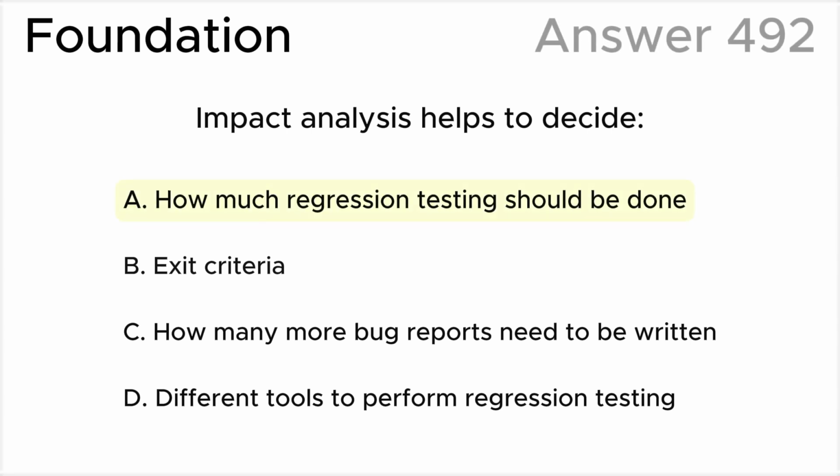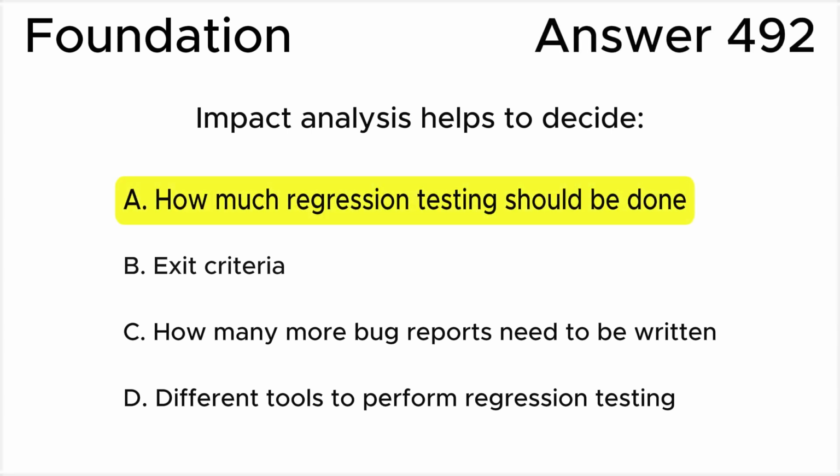The correct answer is A, according to the ISTQB glossary. Impact analysis is used to determine the effect of changes in the software, including what parts of the system might be affected by the change, how much regression testing is necessary, and which test cases need to be re-executed.